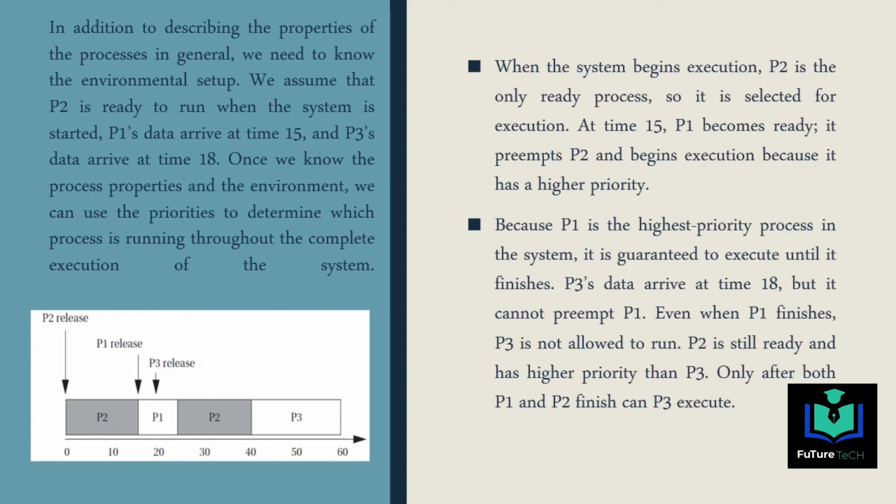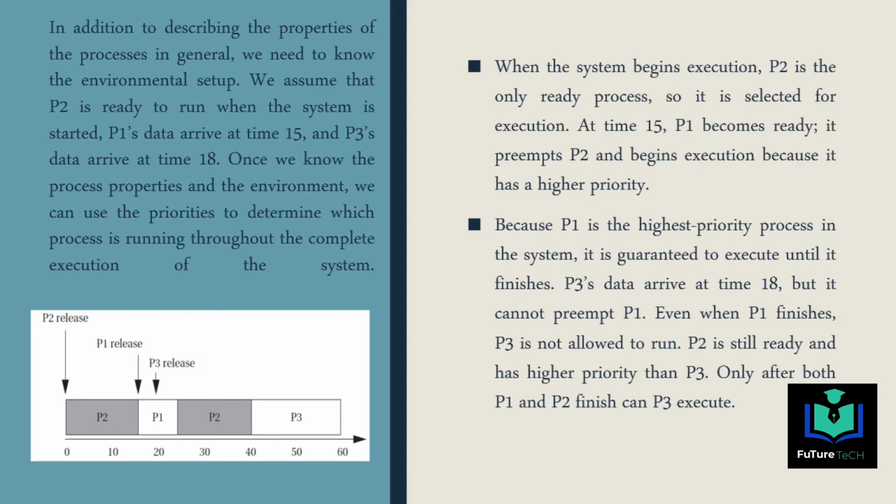Now when P2 is ready to execute, at that instant P1 becomes ready, and the time of execution is going to be 15. The execution for P1 is only 10, so after 10 it is given to P2, right?